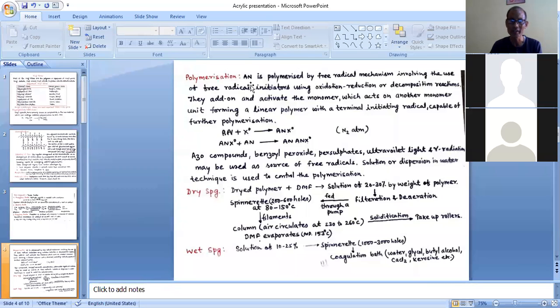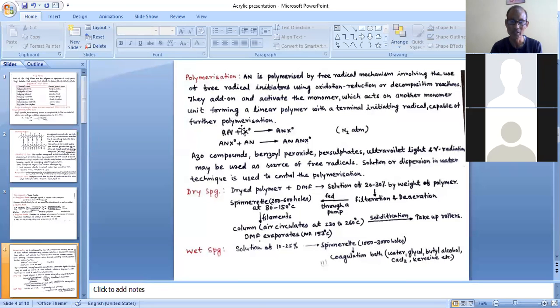So acrylonitrile is polymerized by free radical mechanism involving the use of free radical initiators using oxidation reaction or decomposition reaction. By this reaction, they add on and activate the monomer, which acts on another monomer unit, forming a linear polymer with a terminal initiating radical capable of further polymerization.